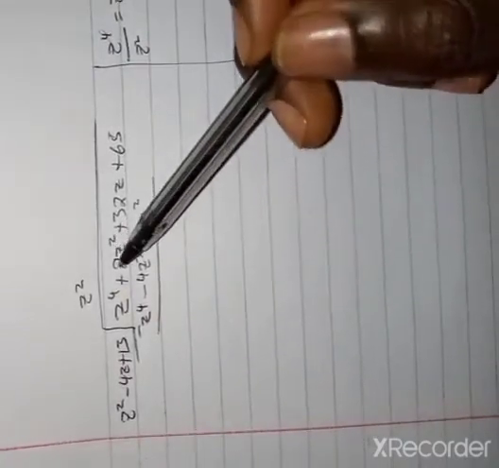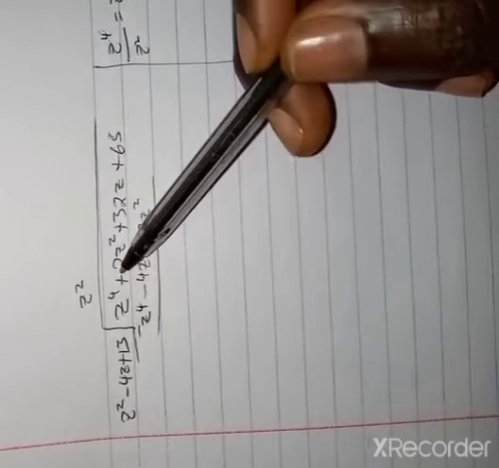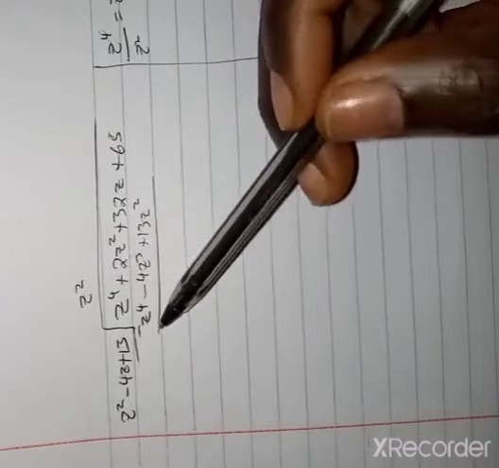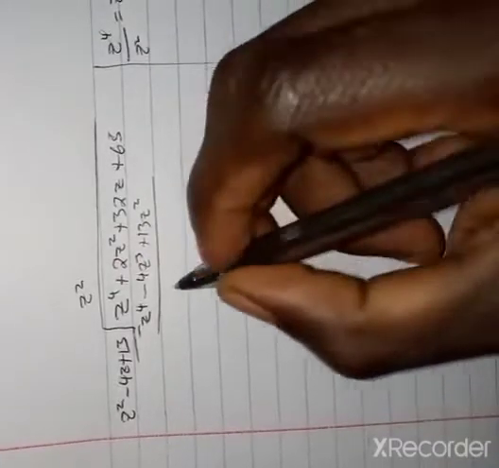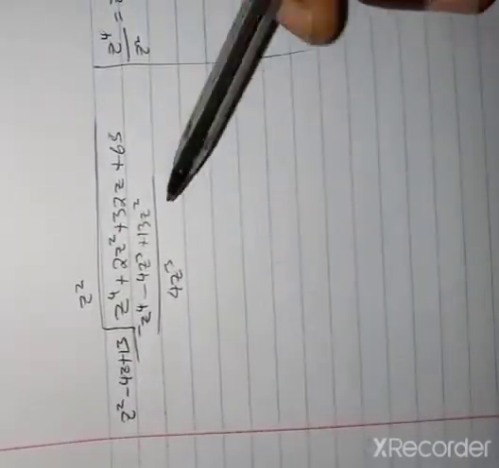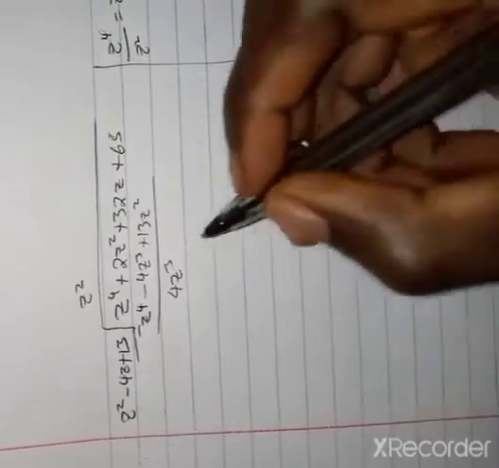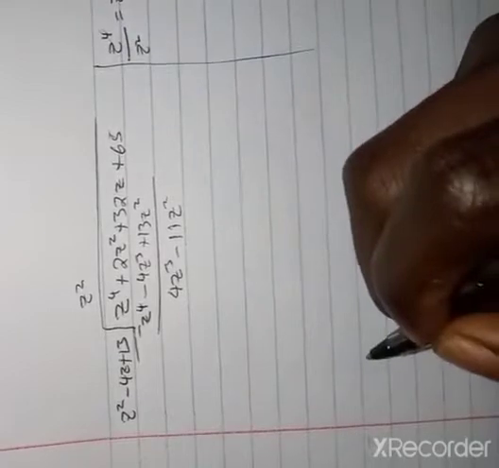Now on the top part, I don't have a coefficient of z to the power 3. That means my z cubed here is 0. So it is 0z cubed minus negative 4z cubed, which gives me positive 4z cubed. And then I have 2z squared minus 13z squared, which brings me to negative 11z squared.